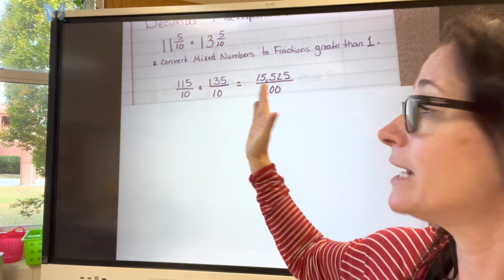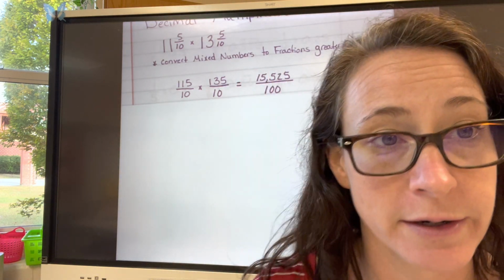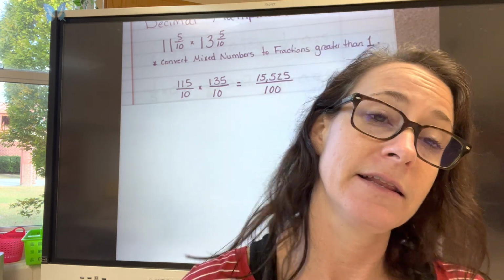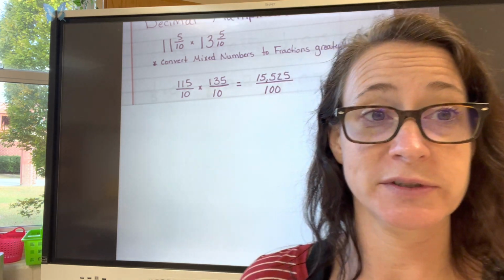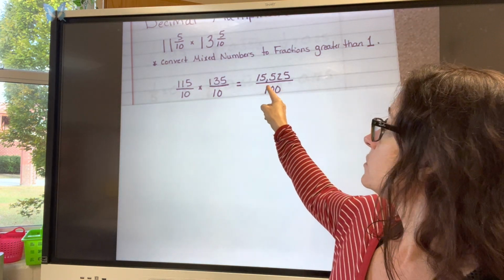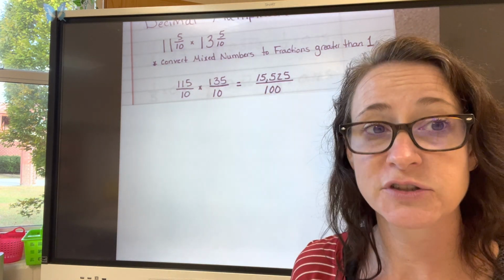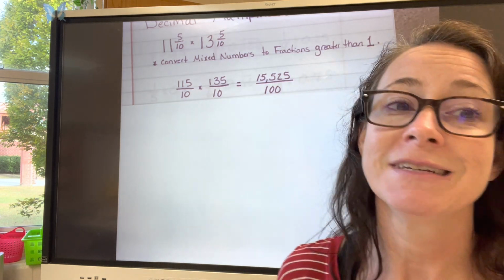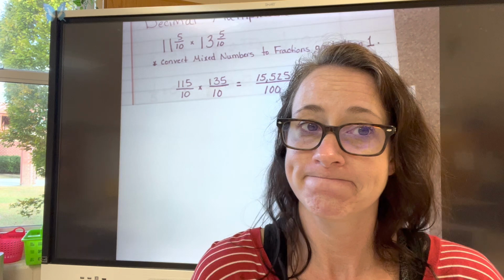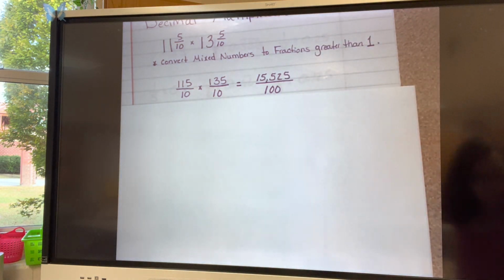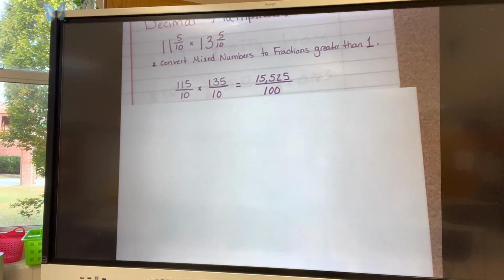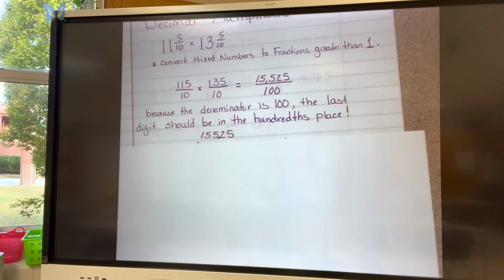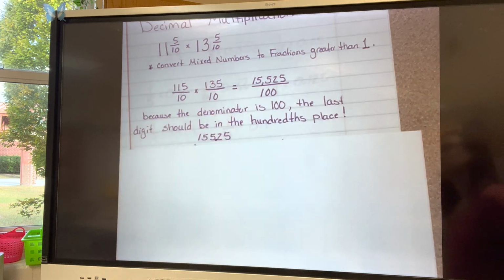Now, how do I take this ginormous numerator and convert it to a decimal? Well, like I said in the sums and differences of decimals video, your denominator is 100. So you just need to make sure that the last digit of your numerator is in the hundredths place. Simple as that. So you go ahead and write 15525 and plop your decimal right there.